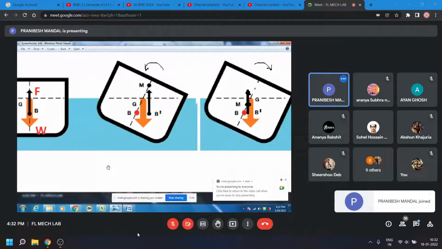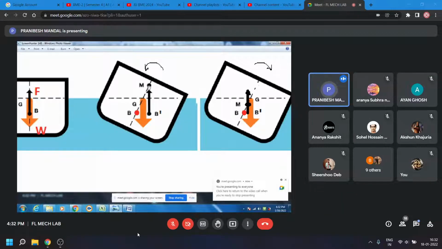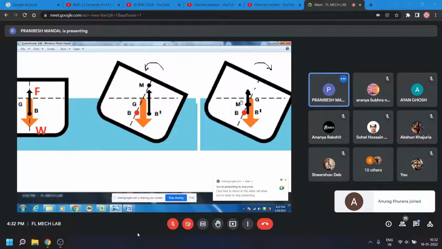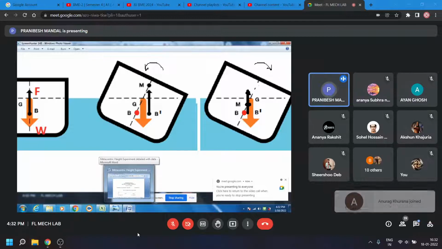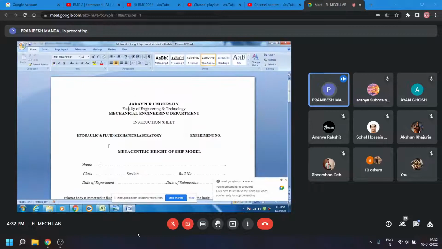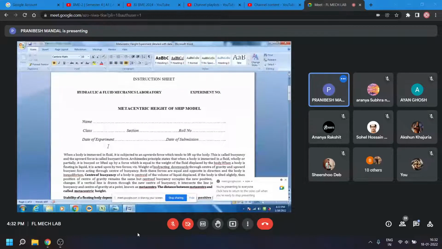Yes sir. So I always prefer M to be above G and the GM metacentric height to be positive, right? Yes sir. If M is below G, we say the metacentric height is negative, and that we do not prefer. And how is this metacentric height measured?